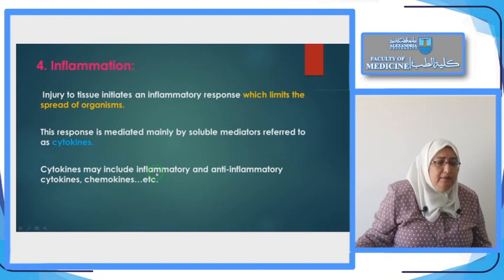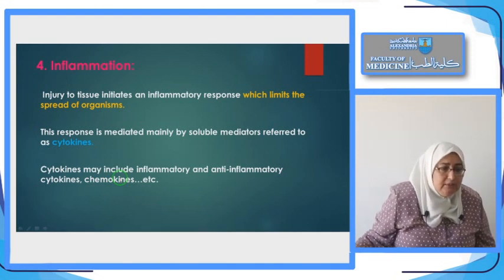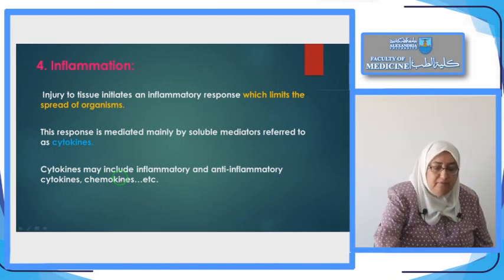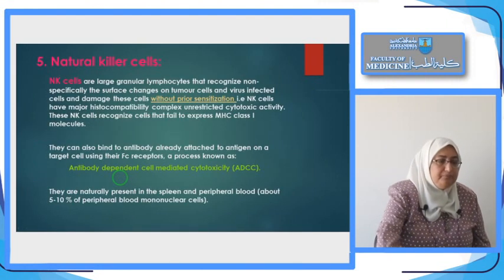Cytokines may include inflammatory and anti-inflammatory cytokines and chemokines. Many cells are inflammatory cells, like polymorphs, neutrophils, eosinophils, basophils, and monocytes. There will be a separate lecture about cytokines, which limit the spread of infection.